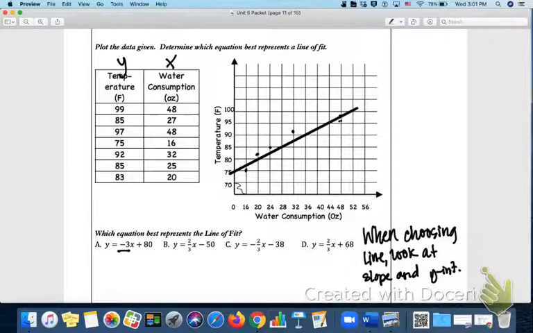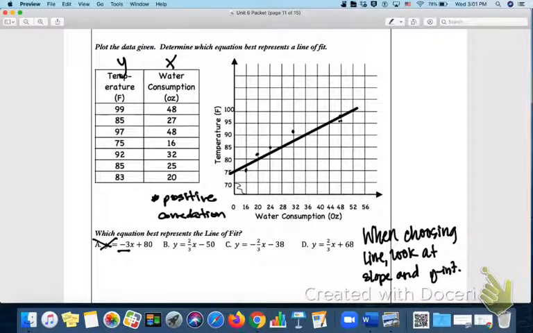So let's look at the choices here. A: y equals negative 3x plus 80. I underline negative 3 because I can see right there that the slope is negative. Our slope is not negative in our scatter plot, so I can eliminate A. B: y equals 2/3 x minus 50.